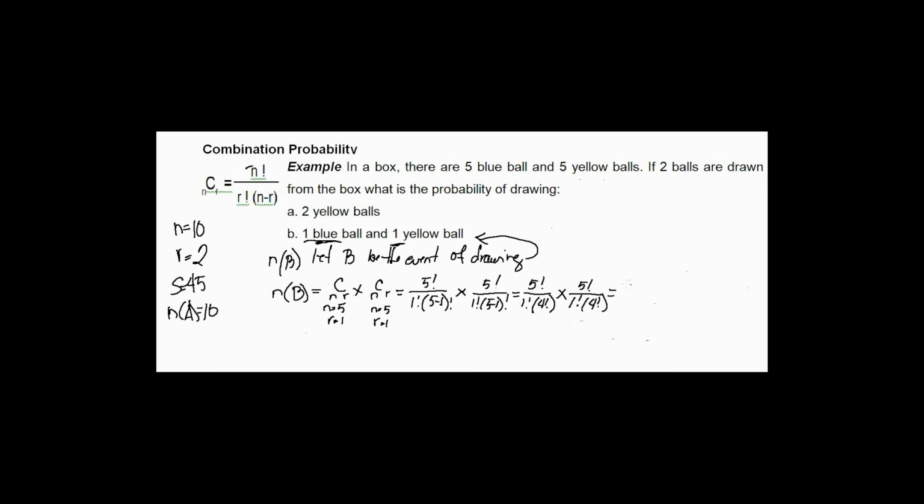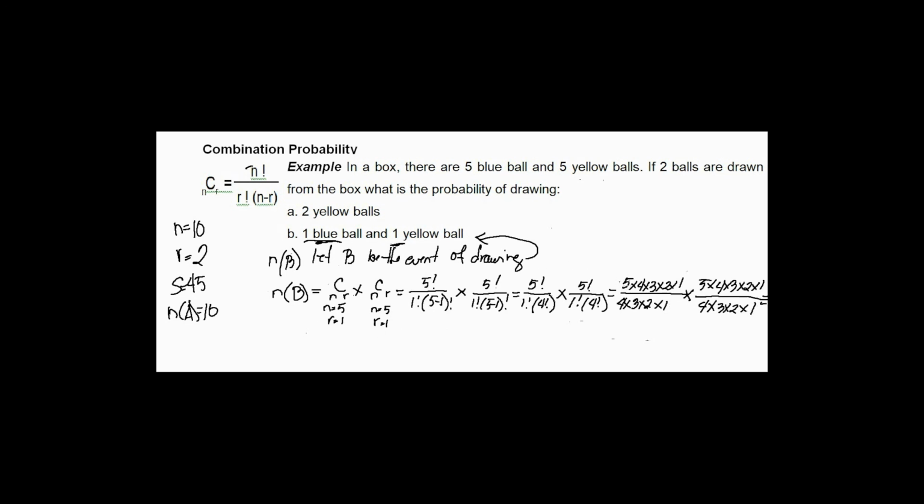So we can derive 5 times 4 times 3 times 2 times 1 divided by, since we have 1, 1 times 4 is 4, so 4 times 3 times 2 times 1, times 5 times 4 times 3 times 2 times 1 divided by 4 times 3 times 2 times 1.